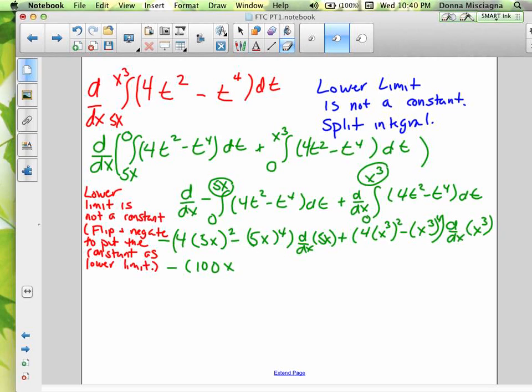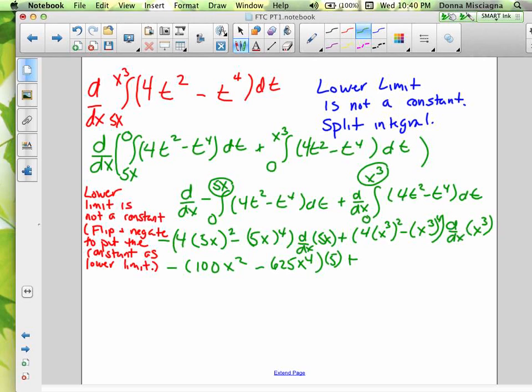Not x to the fourth. x squared. 5x all squared is 25x squared times 4 is 100x squared. Minus, and then (5x) to the fourth power is 625x to the fourth. We're going to take the opposite of that, and we're going to multiply by the derivative of 5x, which is 5.